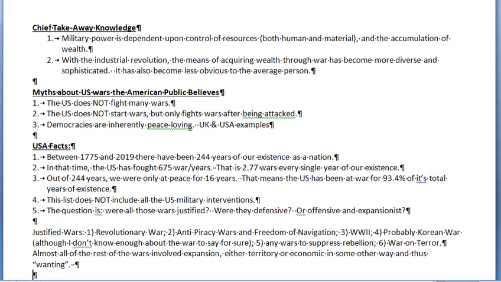Another myth is democracies are inherently peace loving. All right, and just off the top of my head, if you really think about it, and I'll show you these wars for the U.S. anyways, two of the most militaristic countries in recent history, in the last several hundred years, especially Great Britain, have been democracies.